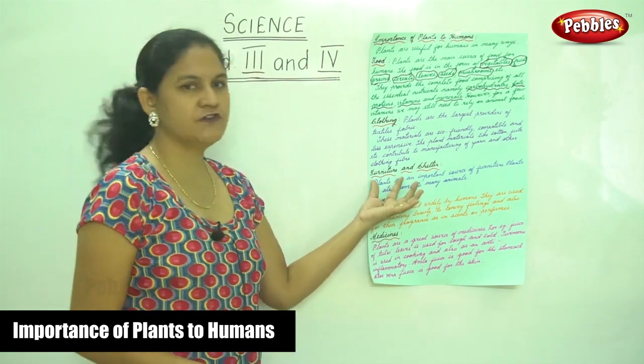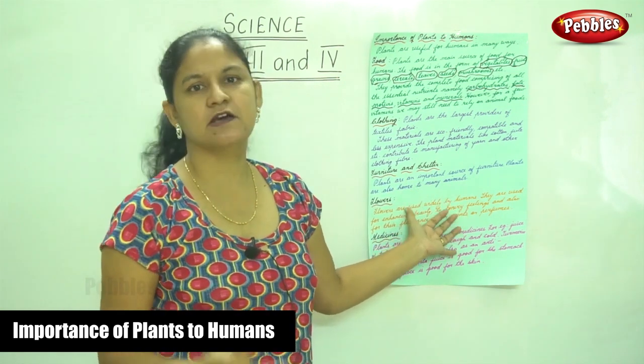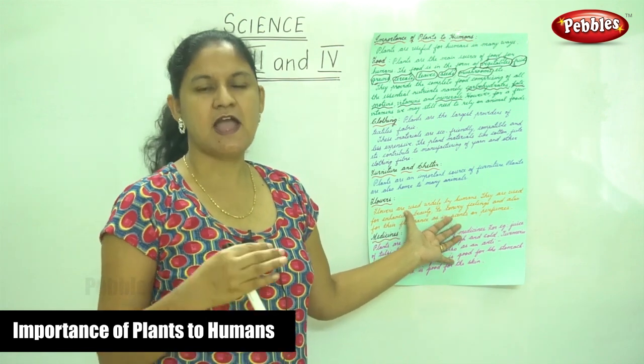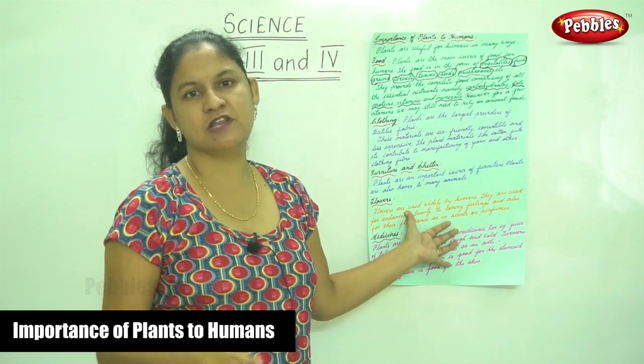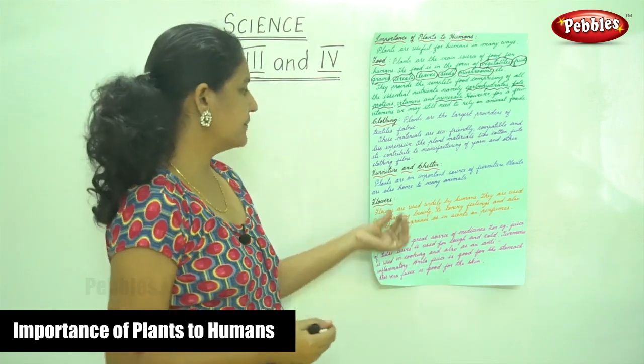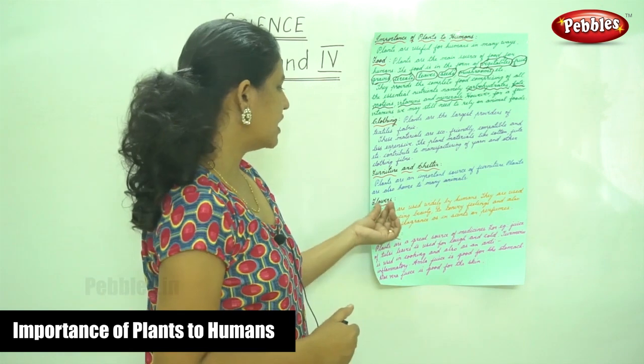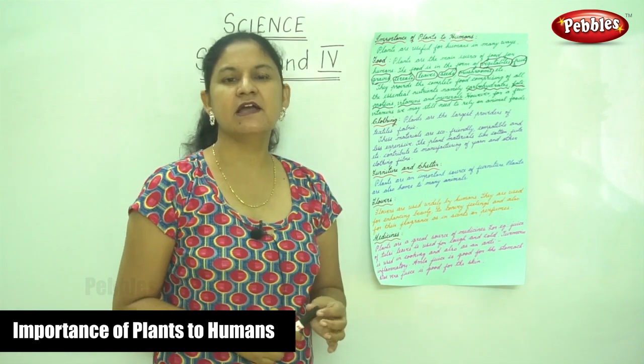The next is furniture and shelter. Humans need a roof over their heads, and this is possible only because of the importance of plants. Plants are an important source of furniture. Plants are also home to many animals.